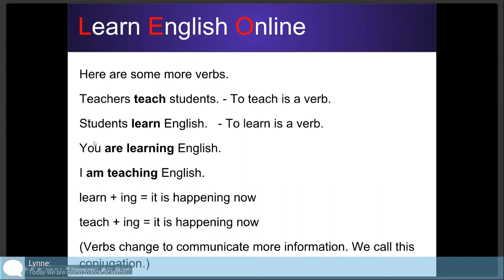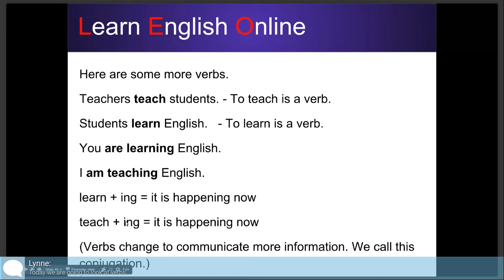Now, sentences. You are learning English, I hope. You are learning English. Two verbs. What's going on? I am teaching English. Okay. Learn plus ing. It's happening now. There's the verb, learn, and I've put ing on the end. It's happening now.